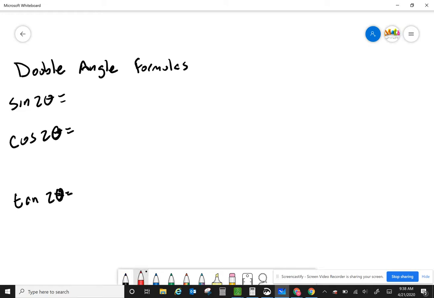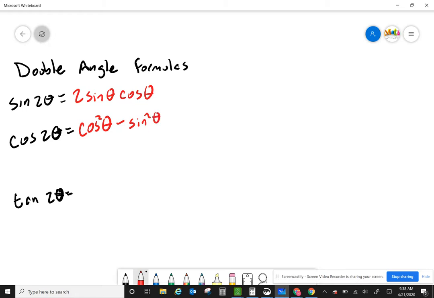Now, for sine of 2 theta, the formula we're going to use is 2 times sine of theta times cosine of theta. For cosine of 2 theta, I'm going to use either cosine squared of theta, what that means, the square there means, is cosine theta all squared, minus sine squared of theta.